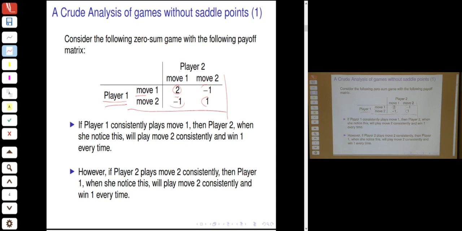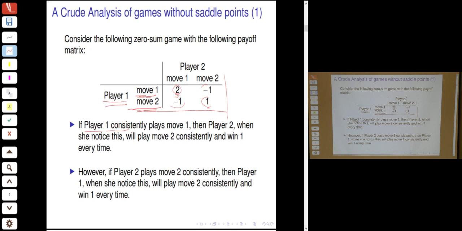Player 1 has two choices, move 1 and move 2. If he plays move 2 and wins, he gets 1, whereas if he plays move 1 and wins, the returns are much higher, he gets 2. So of course there will be a natural inclination to play move 1.